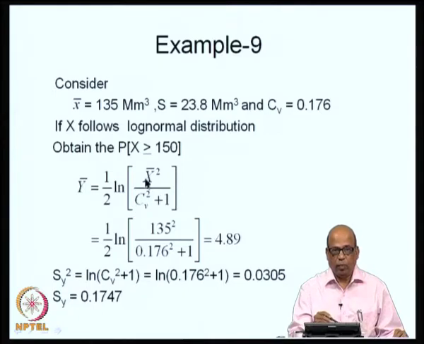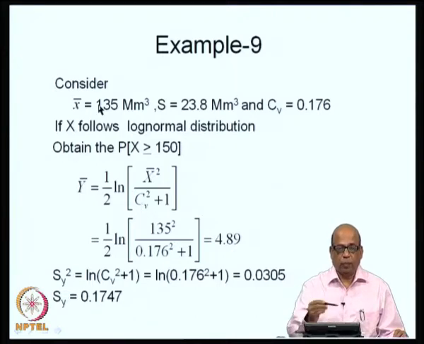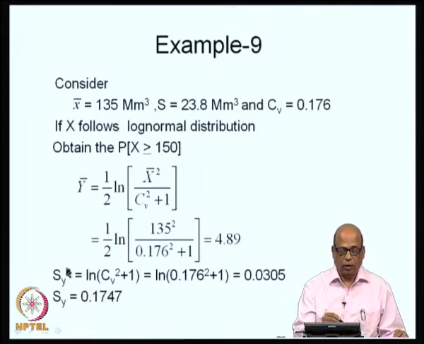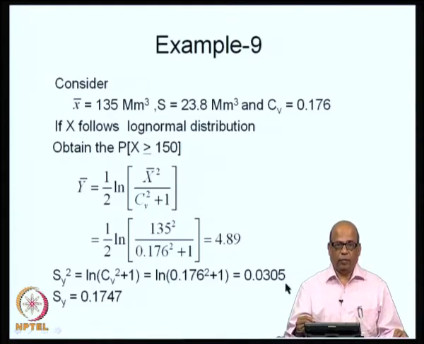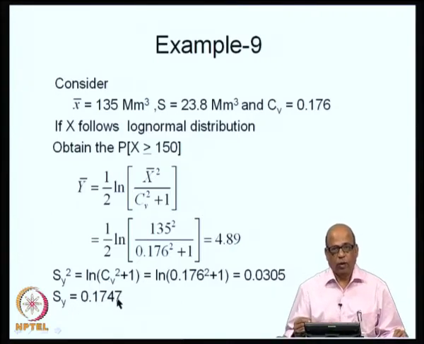Remember, both x bar as well as C v relate to the original variable x, and we are getting the mean of the transformed variable y is equal to ln x. Similarly, the variance of the transformed variable y is equal to ln of x. So, we get the mean as 4.89 and the variance as 0.0305 or the standard deviation as 0.1747.